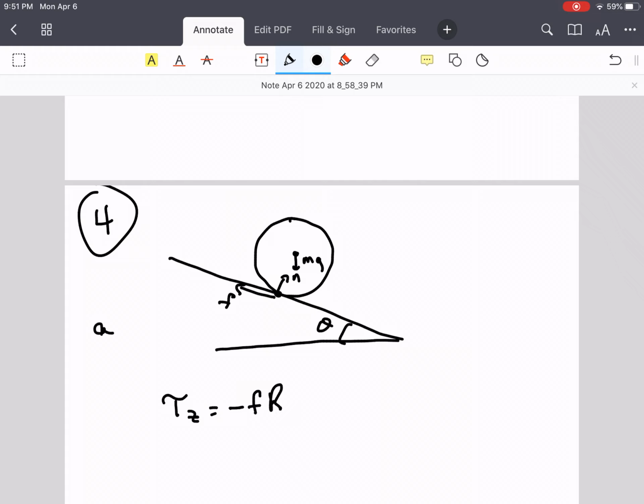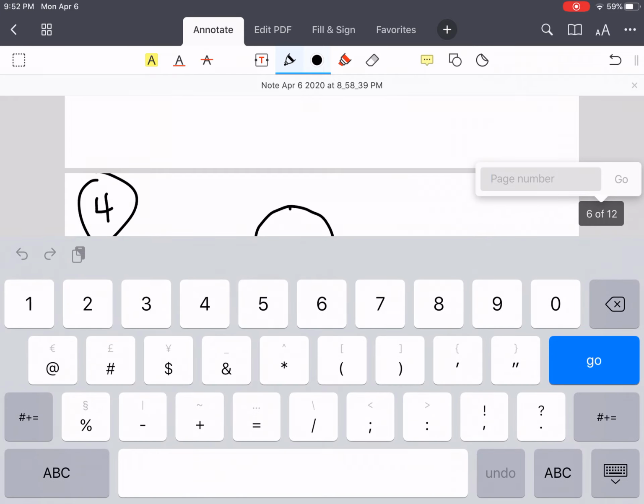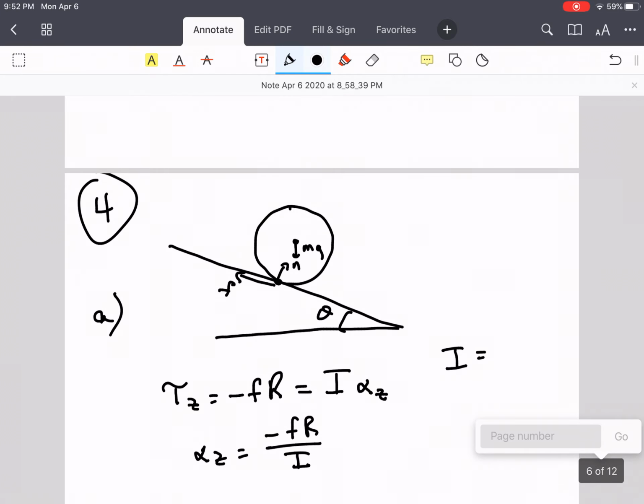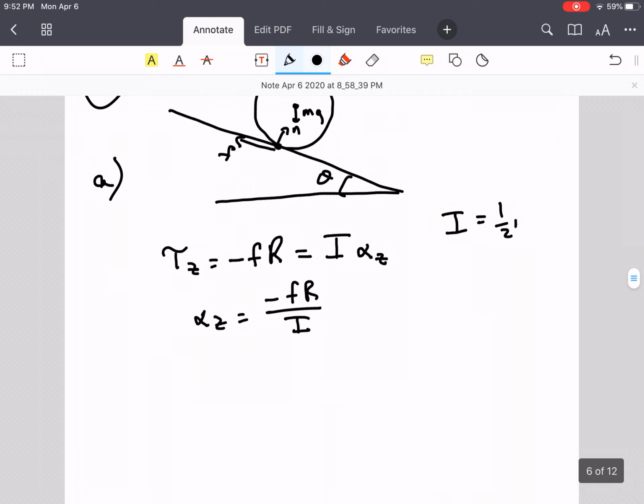So part A asks us, what is the angular acceleration? Well, that's pretty straightforward. I just use torque is equal to I times alpha in the z direction. I want to solve for alpha z, so alpha z is negative Fr divided by I. And if I wanted to, I could substitute my moment of inertia I for a cylinder, which is what I think I specified in this problem, a half mr squared.